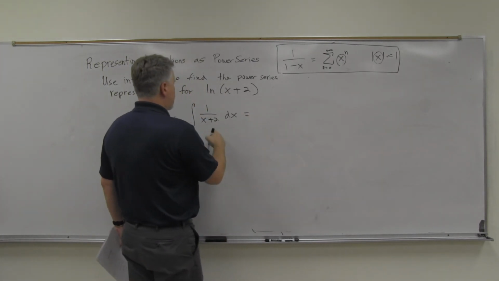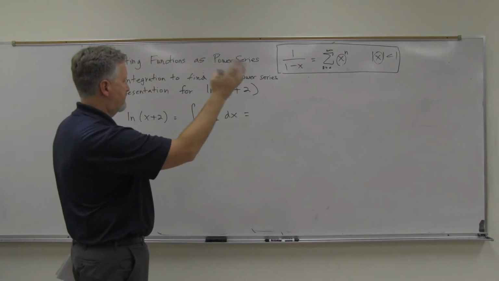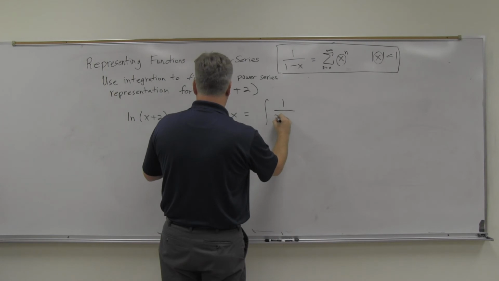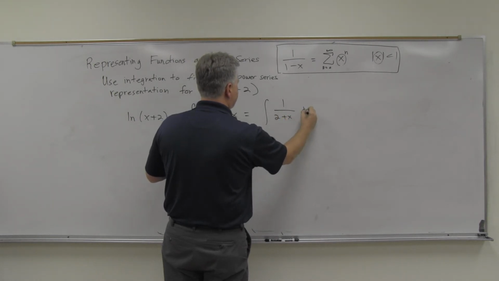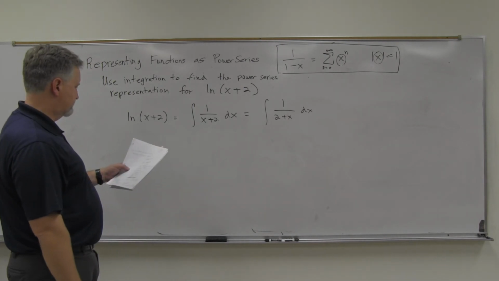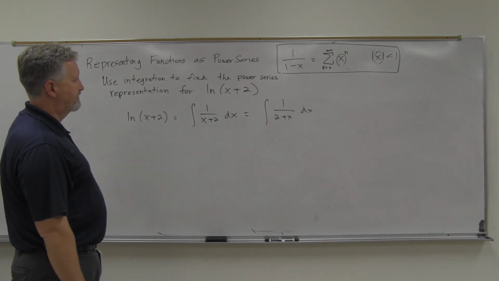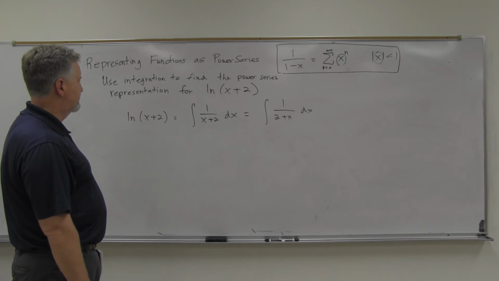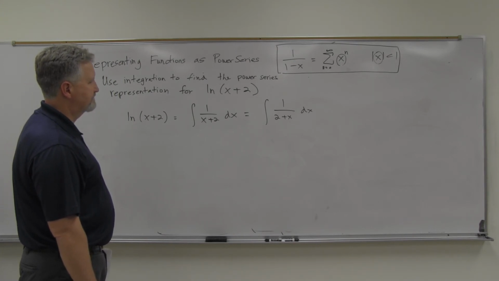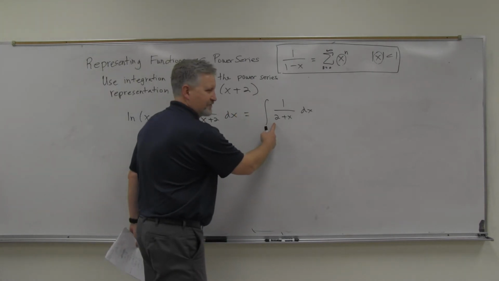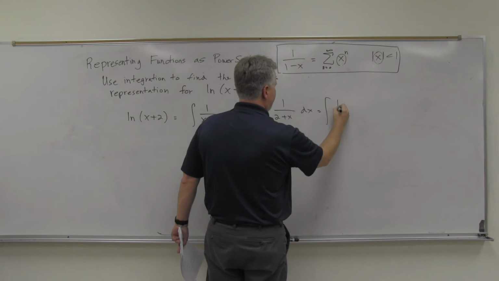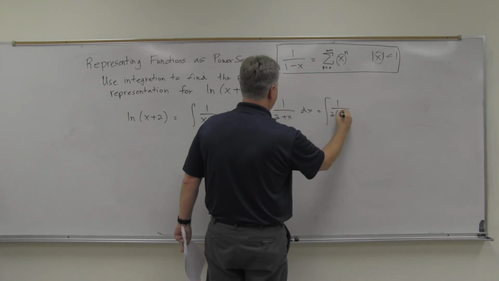So, how do I turn that into a power series? Well, that's a little bit trickier. It's our little trick again. That needs to be a 1. You're going to factor off the 2.